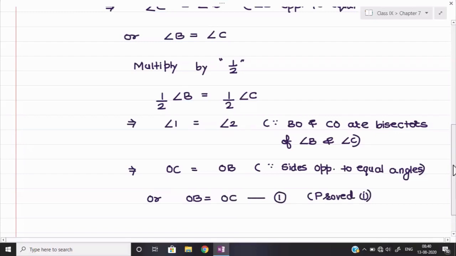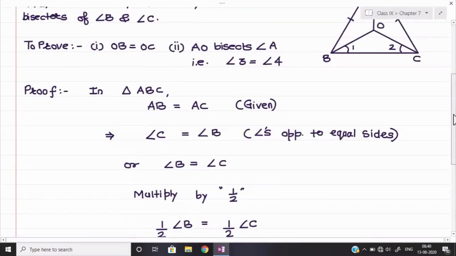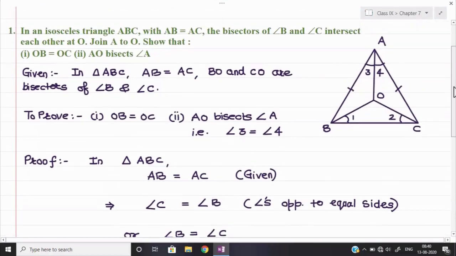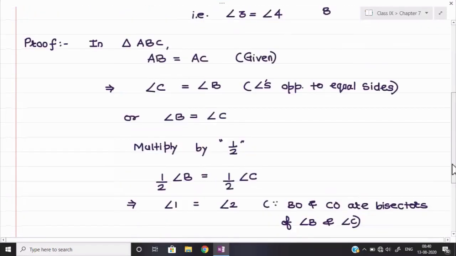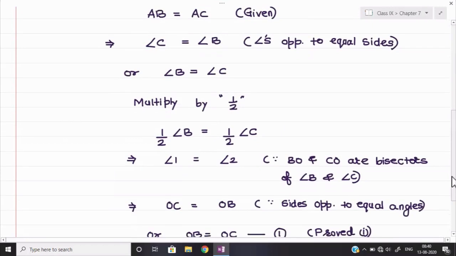Now in the second part, what do we need to prove? As I told you, in the second part we have to prove that AO is bisecting angle A. So for that, what exactly shall we prove? Angle 3 and angle 4 are equal. For that purpose I will take two triangles over here, triangle AOB and triangle AOC.